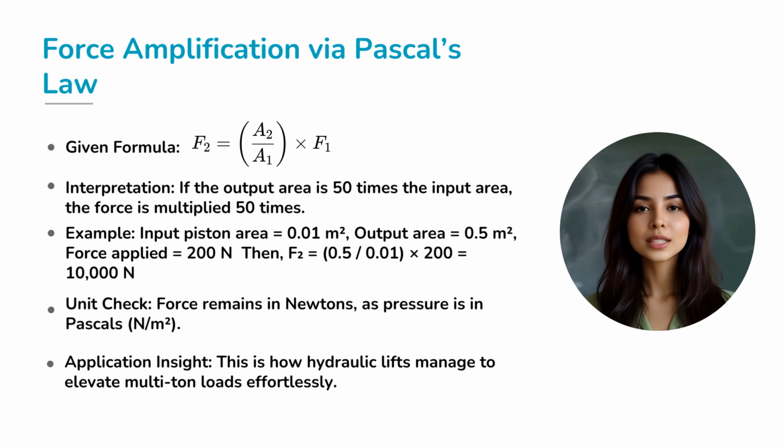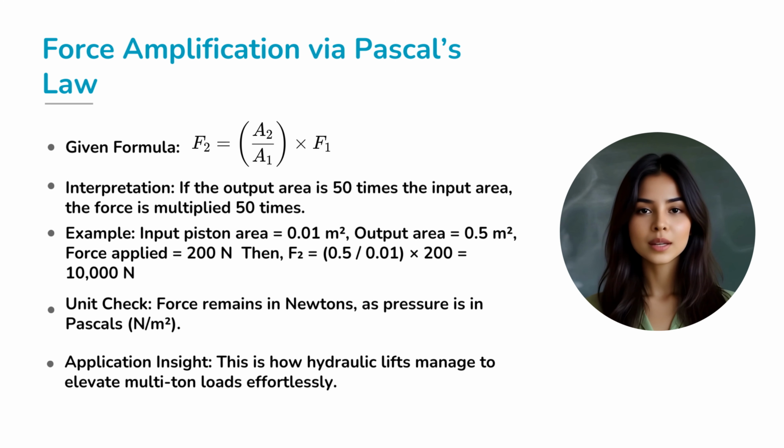Let's now do a little number crunching to see how Pascal's law gives us that lifting power. Say, the small piston has an area of 0.01 square meters and a force of 200 newtons is applied. The larger piston has an area of 0.5 square meters.